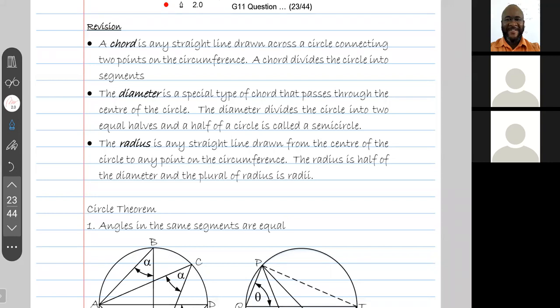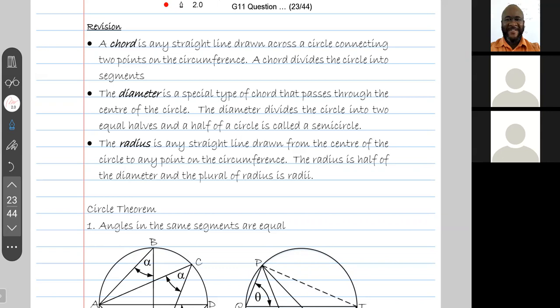The diameter is a special type of chord in that the diameter must pass through the center of the circle. So a line is not a diameter unless it passes through the center of a circle. The diameter divides the circle into 2 equal halves, and a half of a circle is called a semicircle.